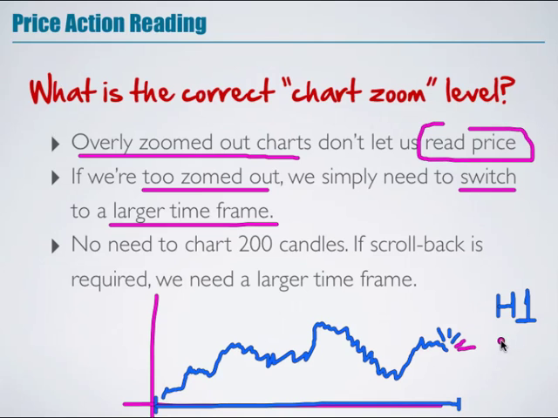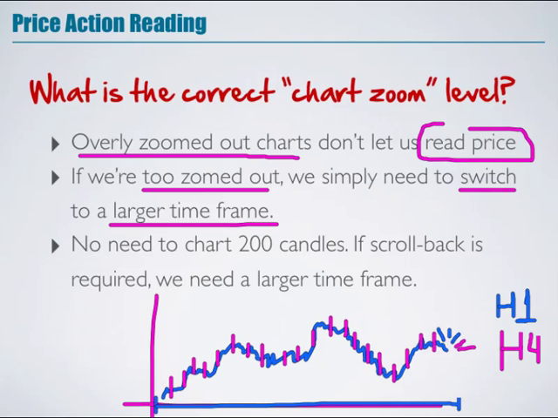Why not simply switch to the 4 hour time frame, and you will be able to map pretty much the same time span, but now you will be able to see the individual candles. This time around, obviously, the 4 hour candles. So you don't need to squeeze your individual candles too tightly. Simply switch to a larger time frame and space out your candles so you can actually read them.